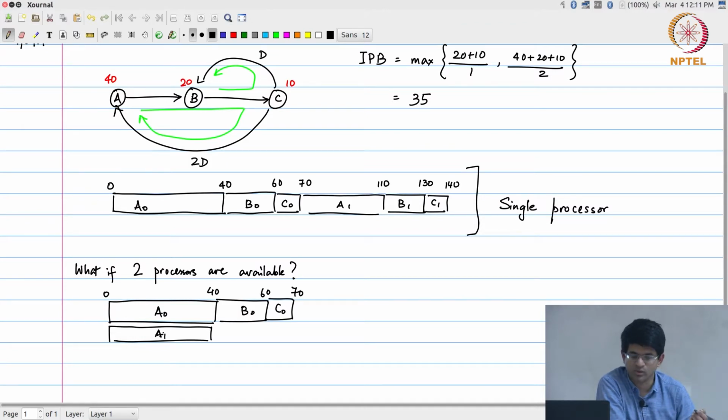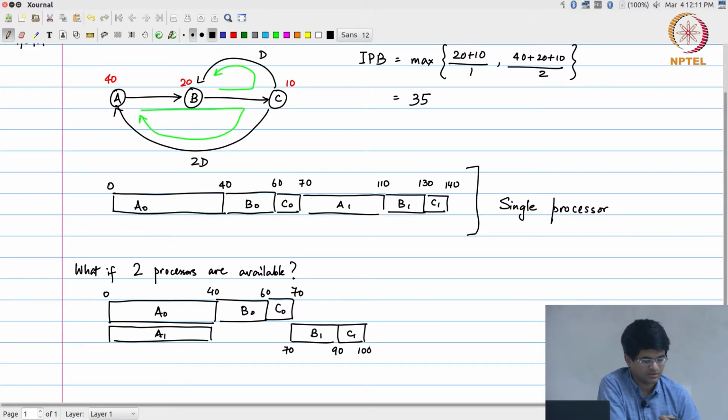Okay. So, what happens now? It essentially means that B1 can start only here. Okay. So, I start at 70, finish at 90, and now C1 can execute and will finish by time 100. Now, where does this leave us?